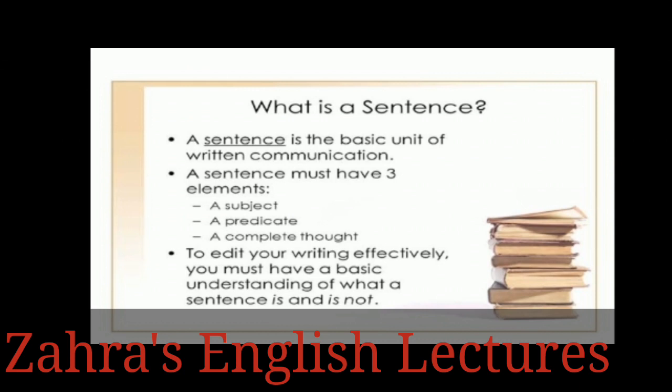The verb will tell you what the action is, and the object is optional. Object is something that the subject is working on. In some sentences there is no object, but the sentence is complete. So the third point, a complete thought, is a must for a sentence. It should have a complete idea, and the listener should understand completely what the speaker means.